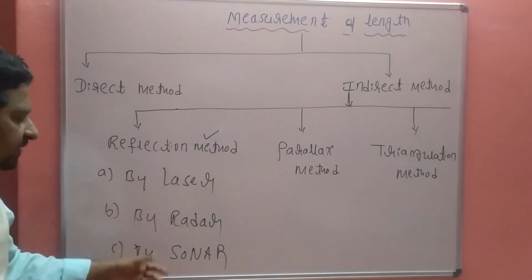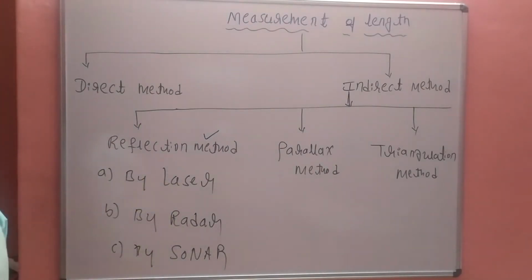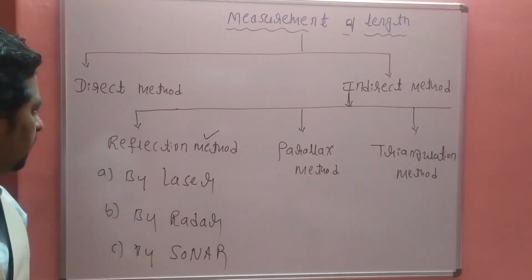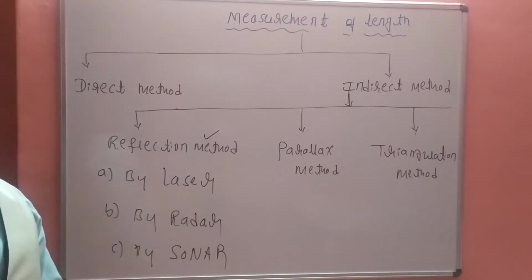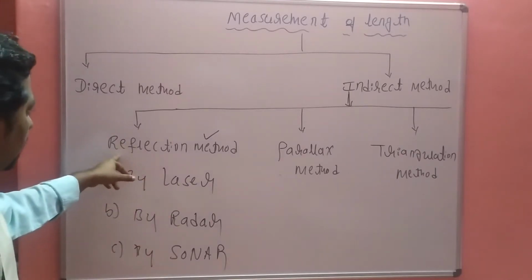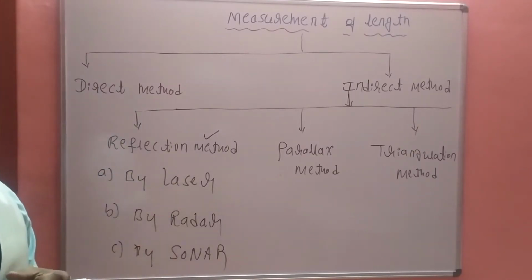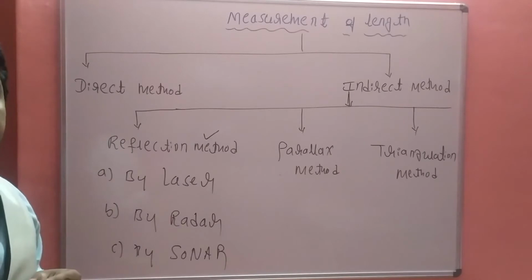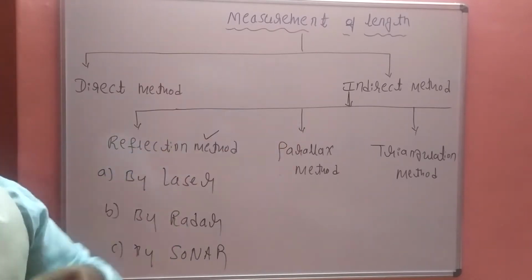So all these three work on which principle? The reflection of waves. Look at the word reflection. What is reflection? The ray will be bounced back to the same medium.